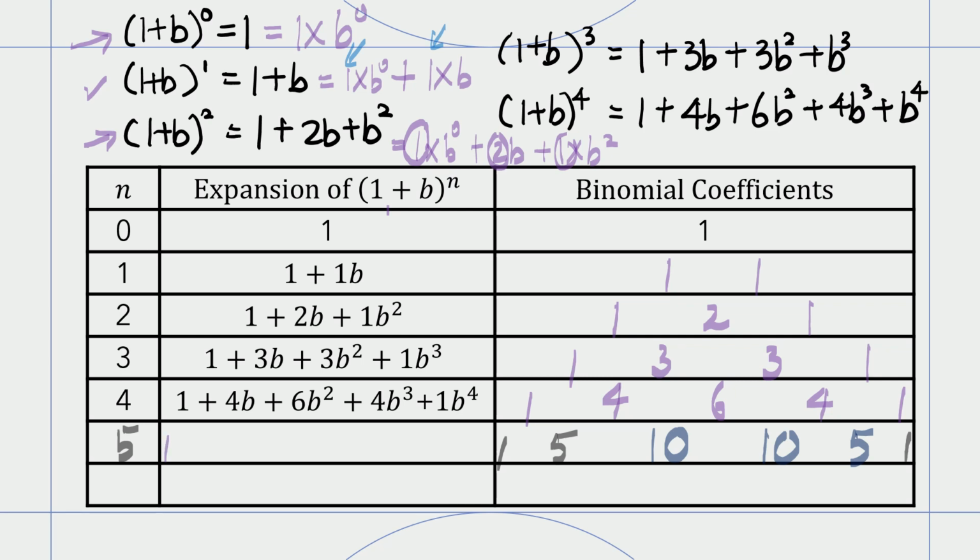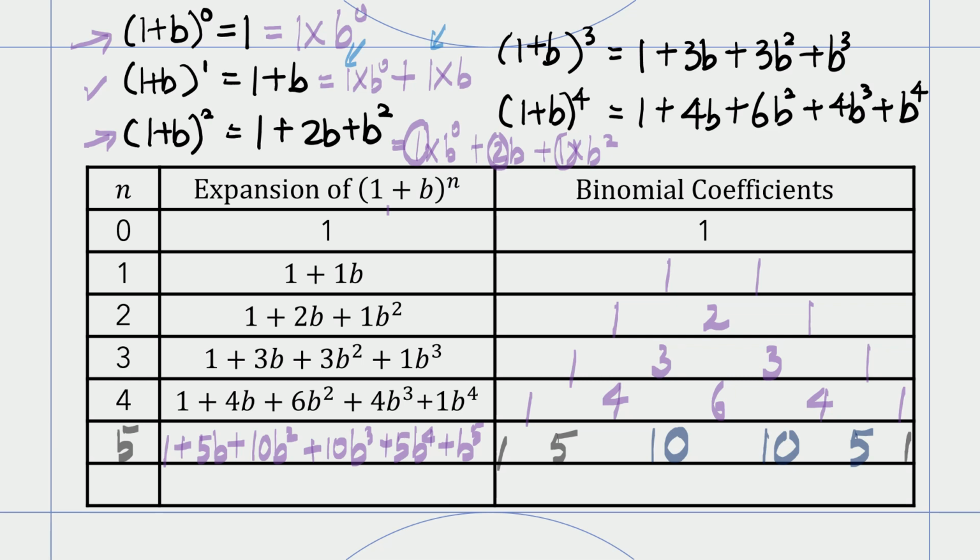So it starts with 1 plus 5b plus 10b squared. Can you see it starts from b to the power of 0, then b to the power of 1, b to the power of 2, followed by b to the power of 3, followed by b to the power of 4, and the last term is b to the power of 5.